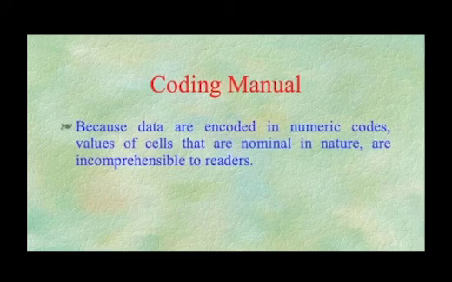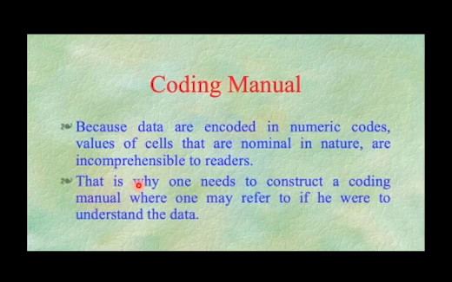Now, we need to have a coding manual because data are encoded in numeric codes. As we told you, when data are qualitative, they have to be encoded in numeric codes. Values in the cells that are nominal or qualitative in nature are not comprehensible to readers, because these are codes. So one needs to construct a coding manual to refer to in order to understand the data.